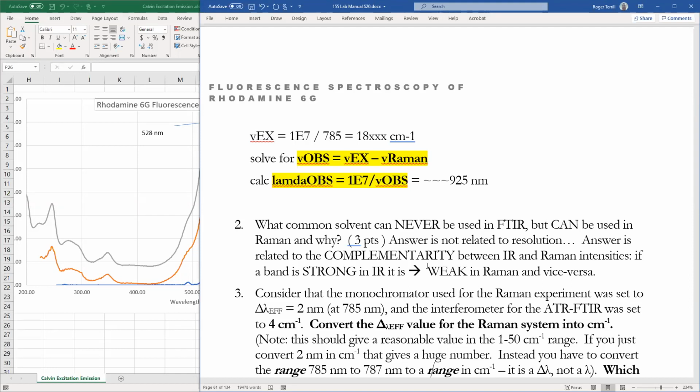You can get vibrational information from molecules dissolved in water, which is very unusual, and it's not that well appreciated. So the answer is water, and the reason is that water is a very weak Raman scatterer.